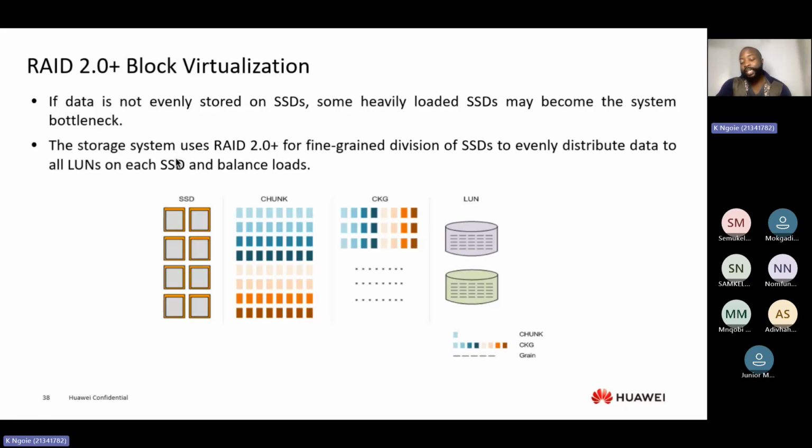So now when the data is not evenly stored in your SSDs or in your drive, right, the problem will become your system. Your system will be slow and your system will have a problem. So your SSD, because it's heavily loaded, may become the system bottleneck.